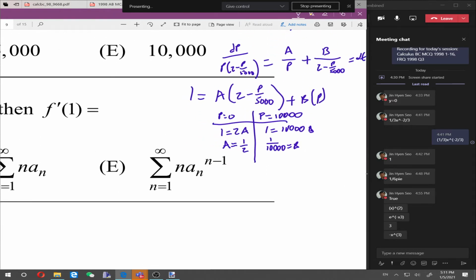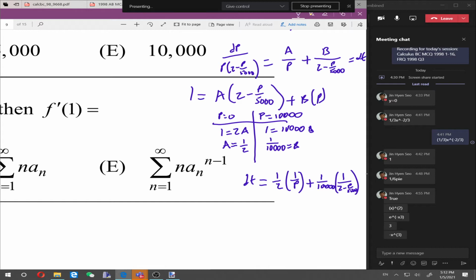Okay, with all of that, we can substitute. So I've got 1/2 times 1 over p plus 1 over 10,000 times 1 over 2 minus p over 5,000 is equal to my other side, which was dt.